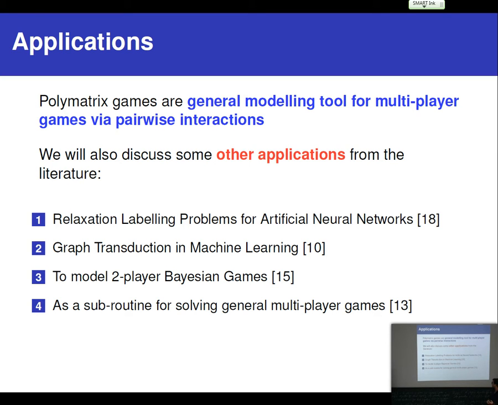Also to model two-player Bayesian games, which we'll come back to at the end, and also as a subroutine for solving general multiplayer games. So if you have a general strategic form game, Govindan and Wilson gave an algorithm that iteratively approximates equilibria in the general game using a sequence of polymatrix games.